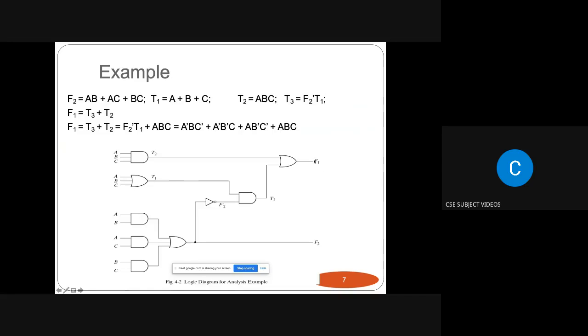And the final Boolean function F1 takes the inputs T2 and T3. So here we can have the F1 expression as F1 is equal to T2 plus T3.